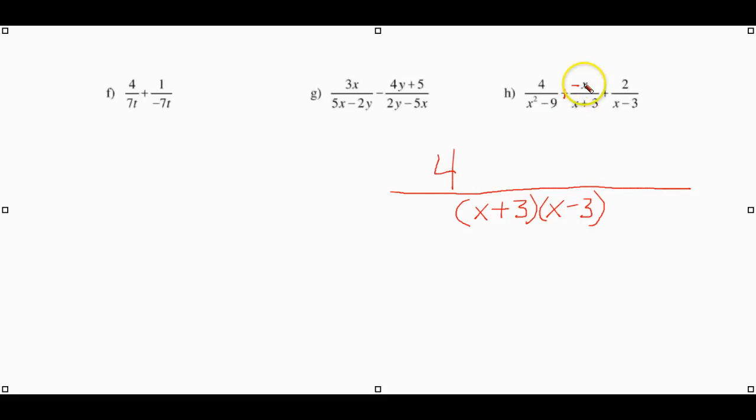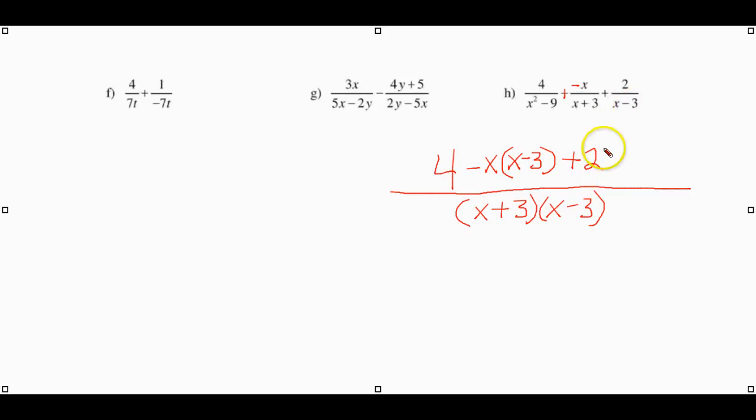Now, what do we need to modify this numerator with this denominator to make it this? Well, we have to modify that by multiplying it by the one it's missing, which is this one. So this is going to be x minus 3 there. Now we have a plus 2, and what part of the denominator is this missing?